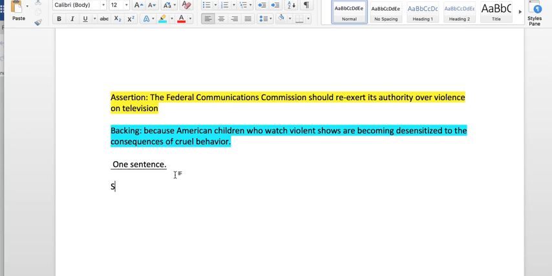You want it to have an assertion, which essentially is a claim. It's assertive, and it is arguable. And then you also want a backing, which is evidence.